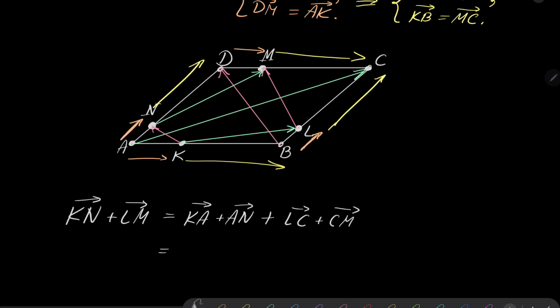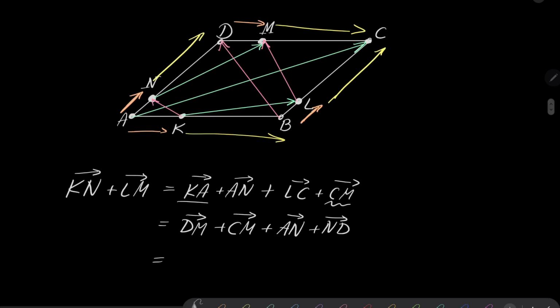Very well, but now notice that KA, this vector, and we have plus CM. KA can be replaced by DM, or maybe let's write it in the following way. We have DM plus CM. And what about AN? Well, let's leave AN as it is. And what is LC? LC is the same as ND.